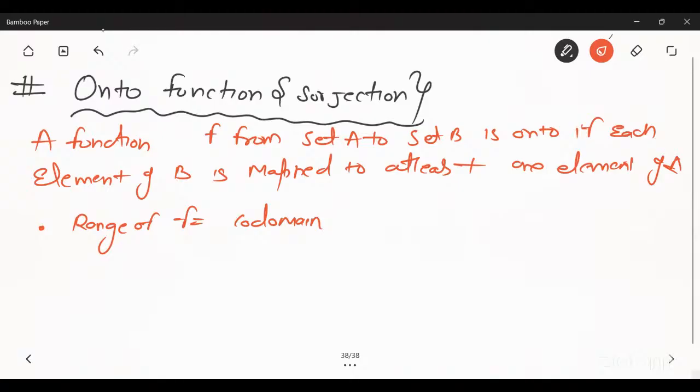The next is your into function. Firstly, I am writing the definition of both functions. Then I will let you know what is an into function and what is an onto function.